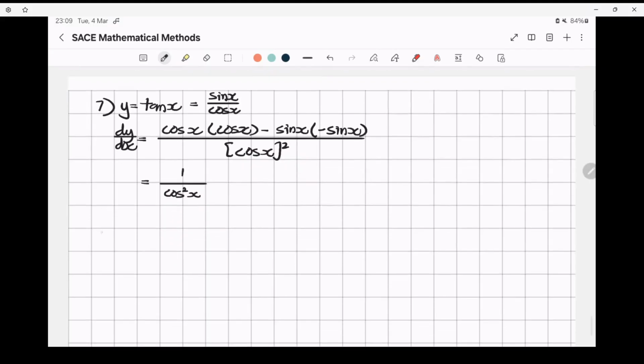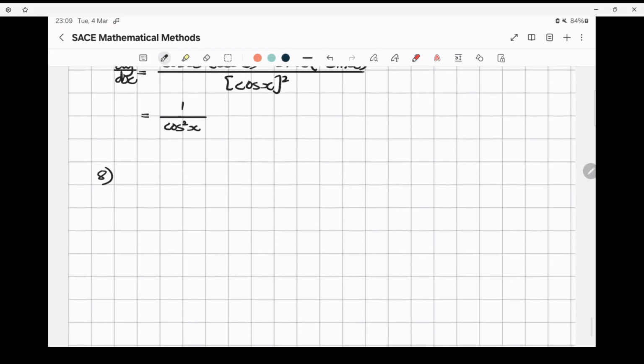Now let's look at y equals to a to the power of x. Initially we start with base a being positive.